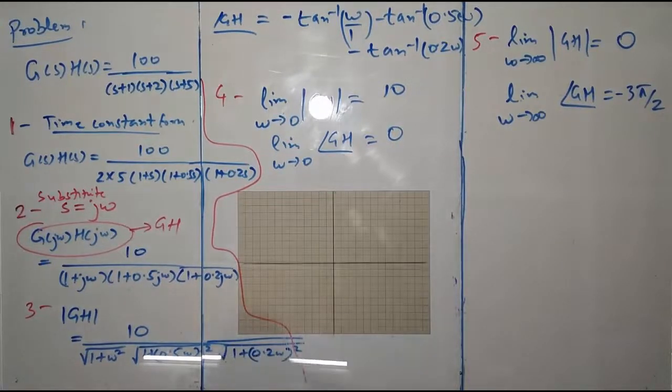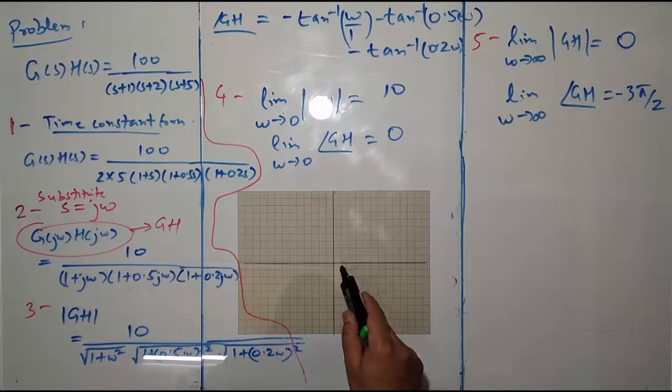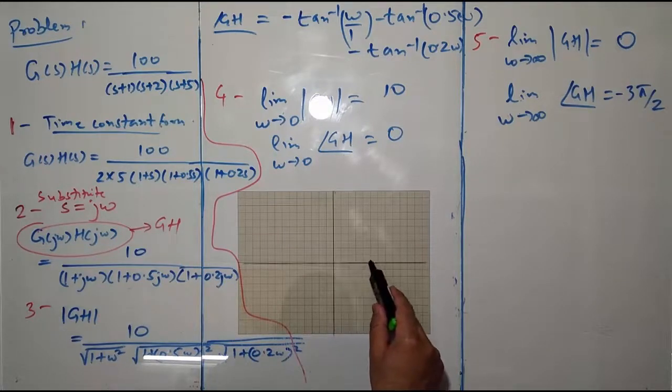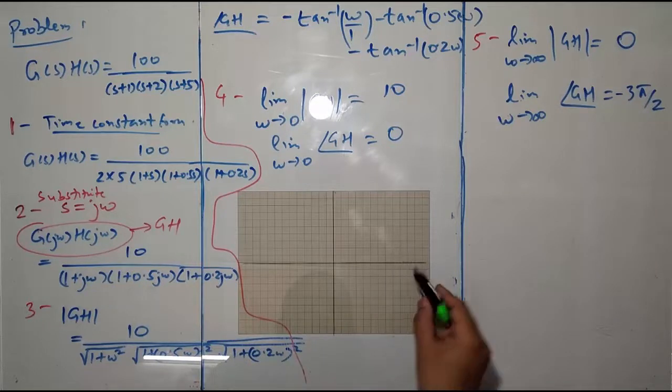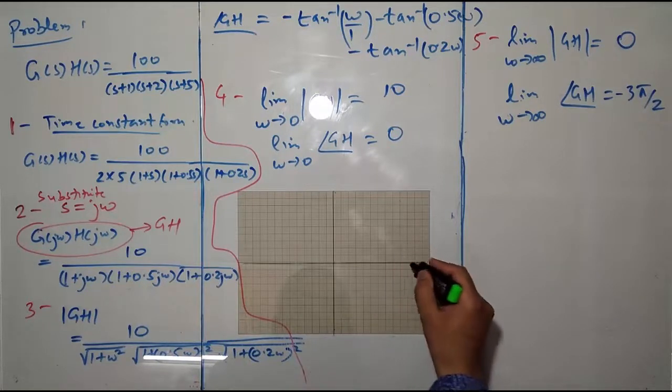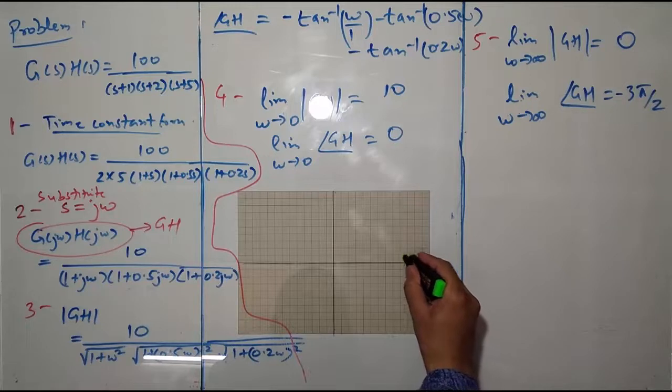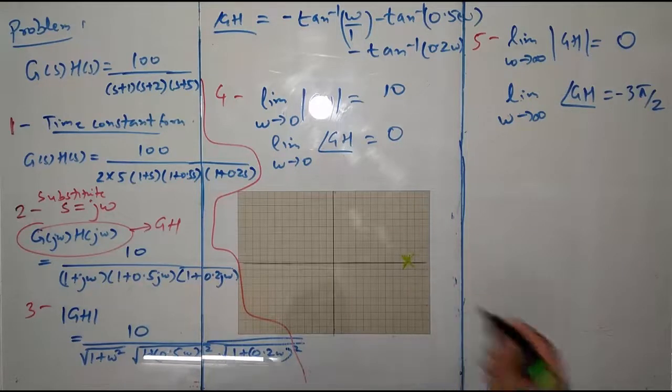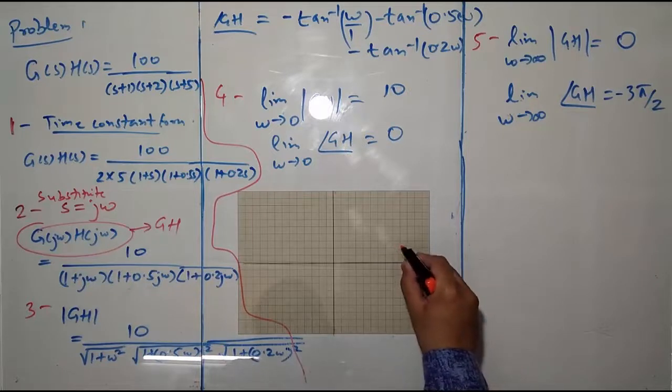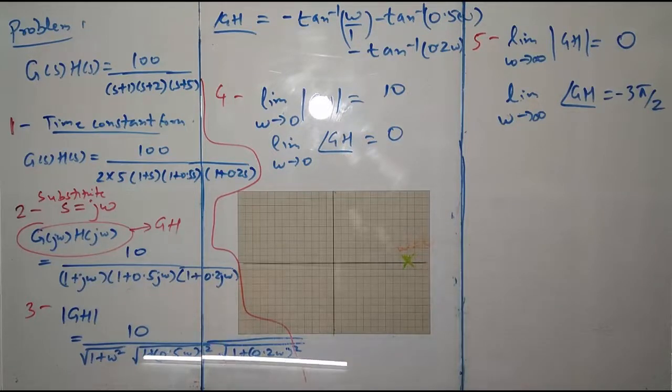For omega equal to 0, we have the magnitude as 10, so that would be lying at 1, 2, 3, 4, 5, 6, 7, 8, 9, 10, and the angle is 0. So this is the point corresponding to omega equal to 0.